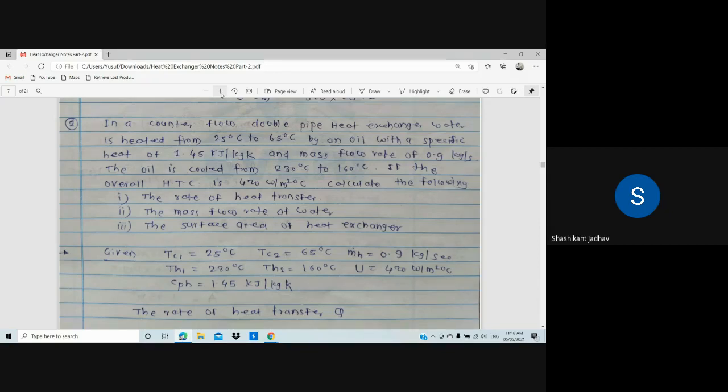Understood? The hot fluid will move from left hand to right hand and the cold fluid will move from right hand to left hand. Because a counter flow heat exchanger is nothing but two fluids moving in the opposite direction. So from this first statement, that is in a counter flow double pipe heat exchanger, we have to understand this is the counter flow heat exchanger. So we remember what is the graphical representation for the counter flow heat exchanger, and we have to draw that diagram.